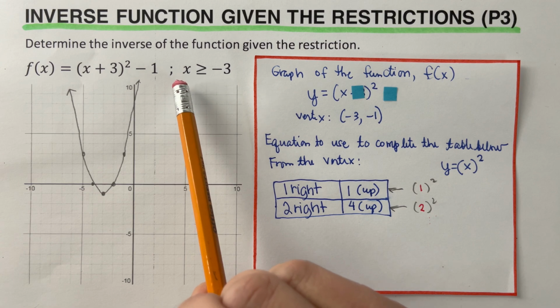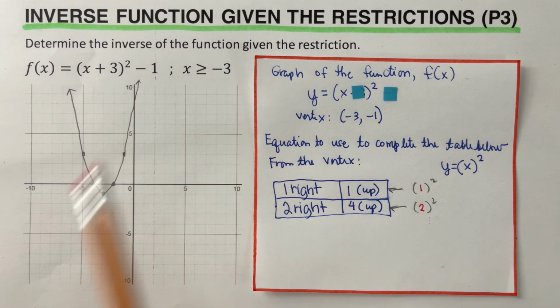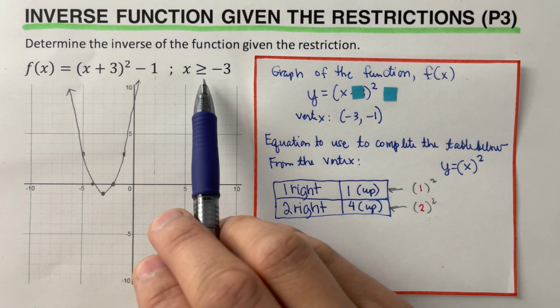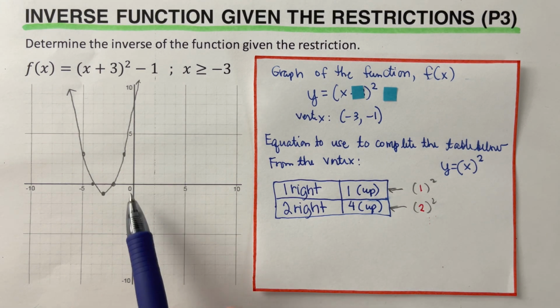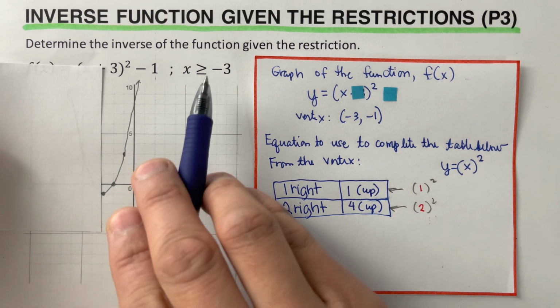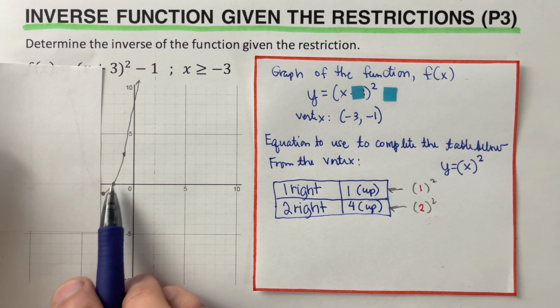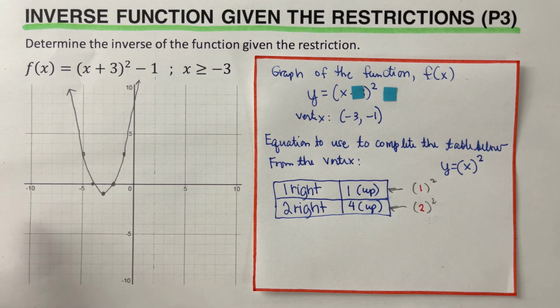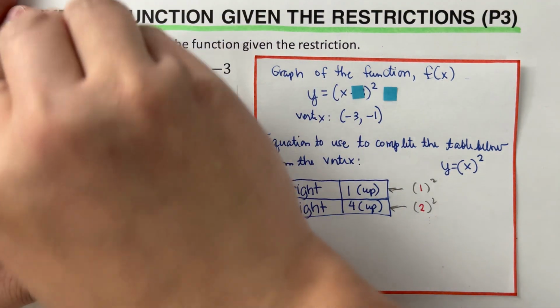We only consider x greater than or equal to negative 3. So negative 3 on the x, we only consider the part that is to the right of negative 3. This is the branch that we consider. That means we are going to erase this other branch right here.